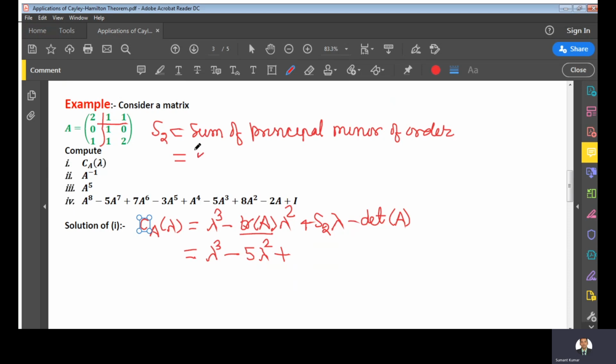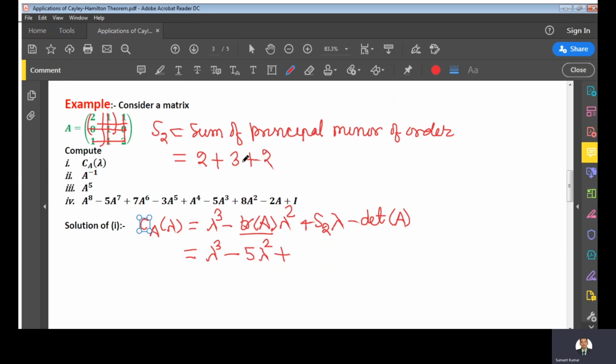This is 2. In the same way, you delete the second row and second column and find the determinant of that submatrix, which is 4 minus 1, that is 3. And in the same way, you delete the third row and third column, and the determinant of this submatrix is 2.